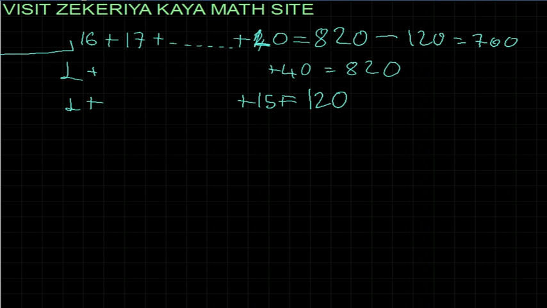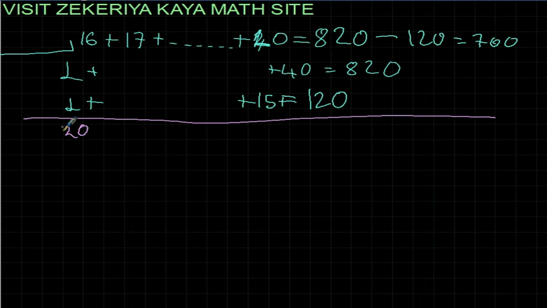Let's change the color. Is this well? Now the next question. Let's change the numbers. 20 plus 21 plus, let's make it 49, or 50. 50 is better, easier to calculate.